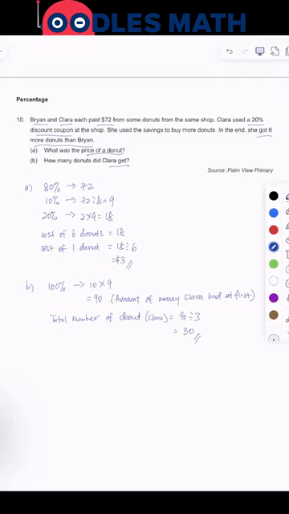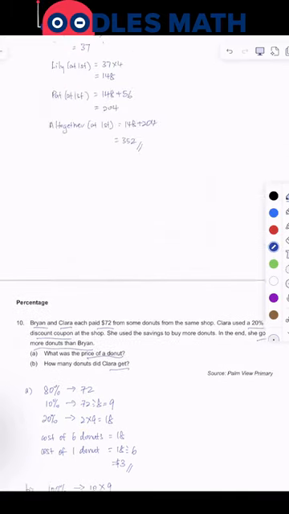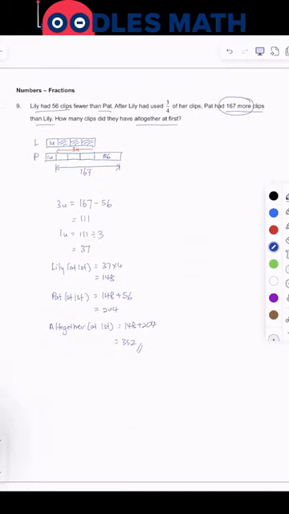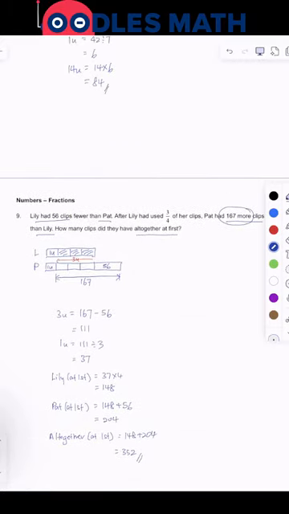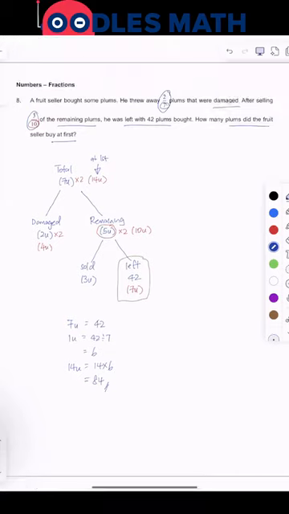And I am going to scroll back to question 8 because I think somebody requested to see that again. So I'm going to scroll back to question 8 now. Alright, so this is question 8.